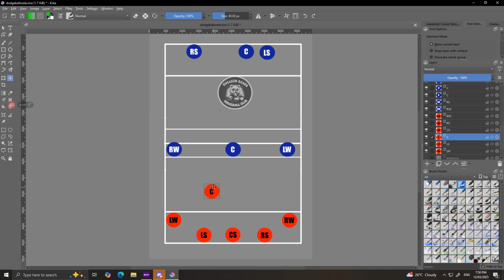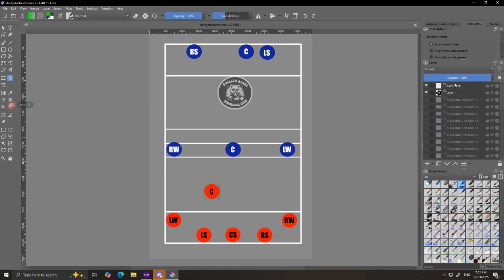The next layer to that is I want to try and force a wing to throw at me. So if they call a center throw, I want to mess that up and force a winger to throw at me.